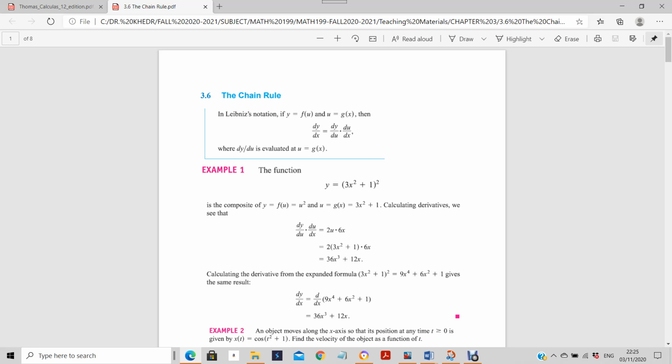So if you multiply these two derivatives, which is 2 times u times 6x, and then replace back u by 3x squared plus 1, then you will get 2 multiplied by 3x squared plus 1 multiplied by 6x. If you multiply out the brackets, then you will get 36x to the power of 3 plus 12x. Okay.